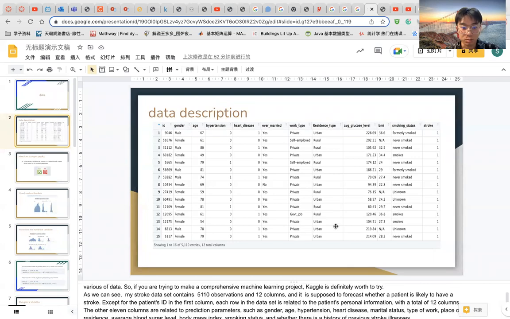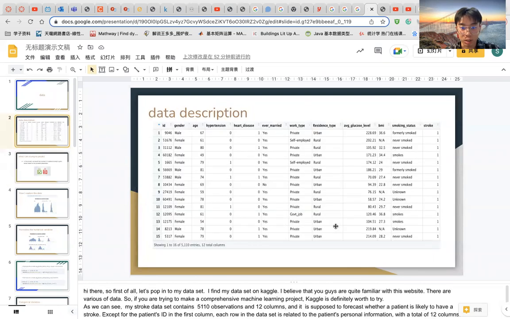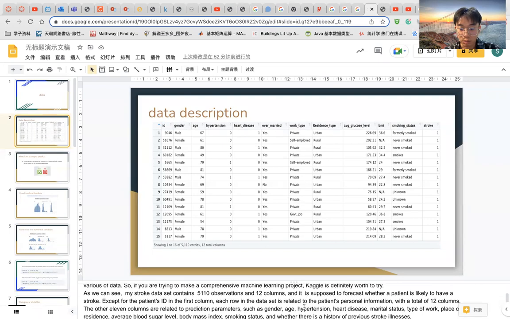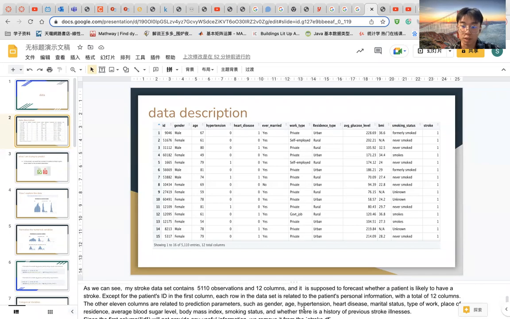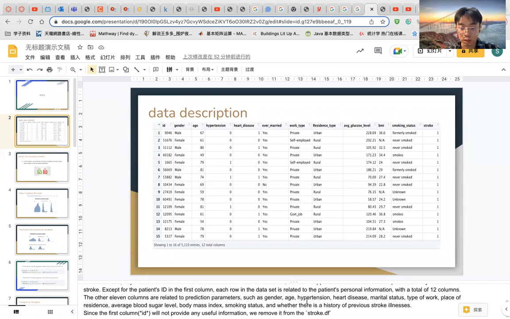As we can see, my stroke dataset contains about 5,110 observations and 12 columns, and it is supposed to forecast whether a patient is likely to have a stroke. Except for the patient's ID in the first column, each row in the dataset is related to the patient's personal information.